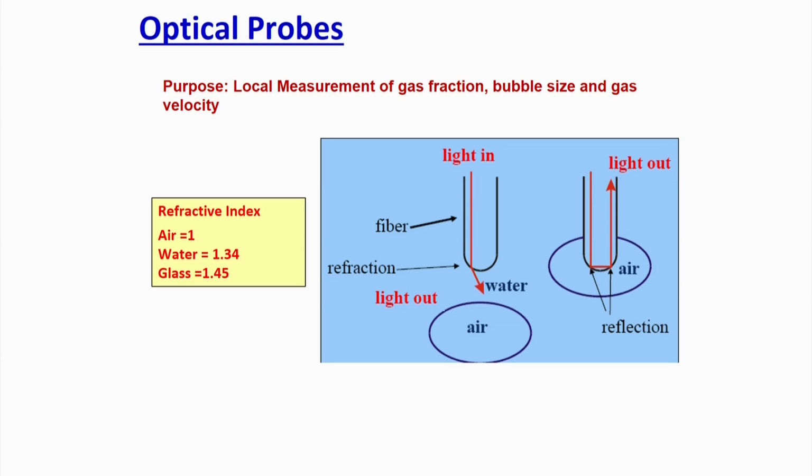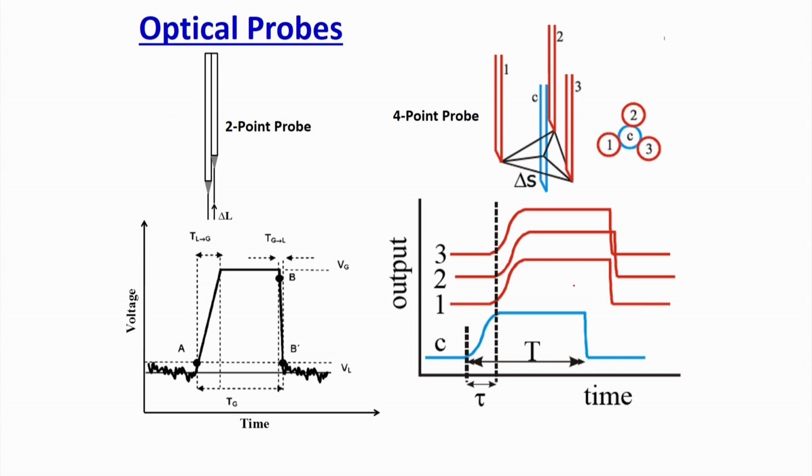Now, what is an optical probe? As we know, these optical probes are based on laser optics. The probe looks similar to this. These are the two optical fiber probes.